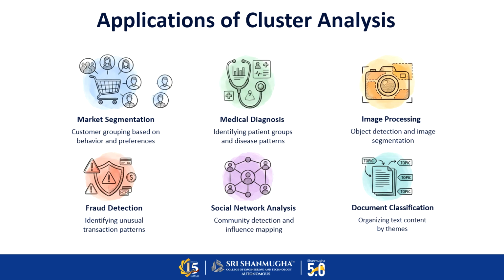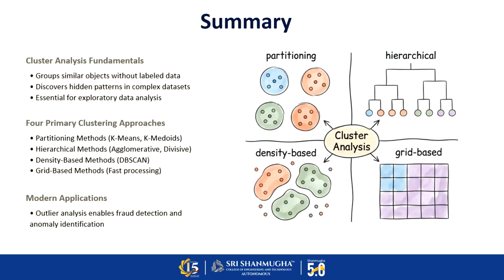Organizing text content by themes, like clustering documents using word embeddings to represent text as vectors. Cluster similar documents together. So for any application or question in your exam, always state the domain, what is being clustered, then the benefits of clustering.